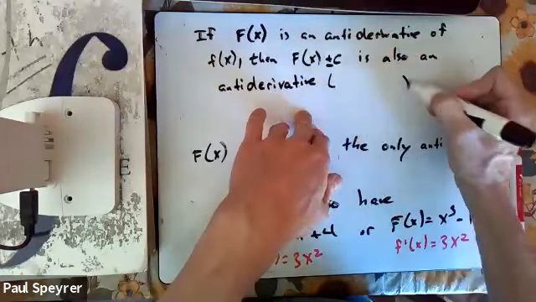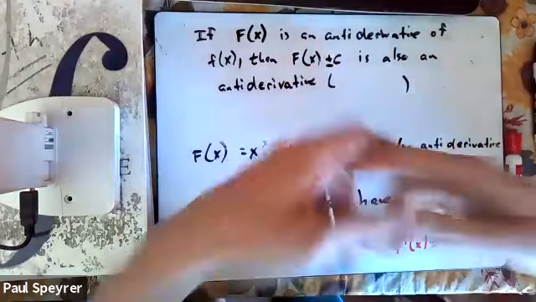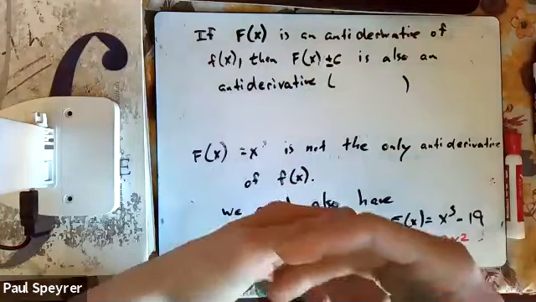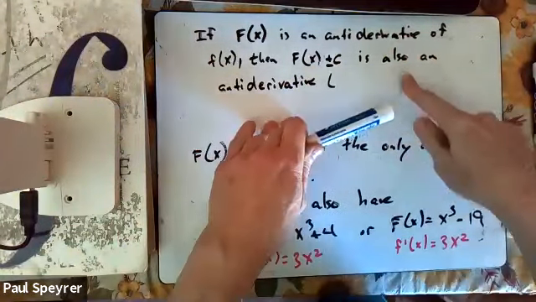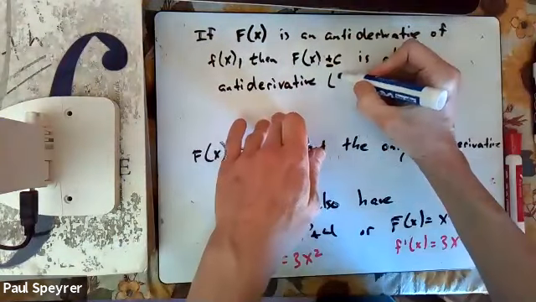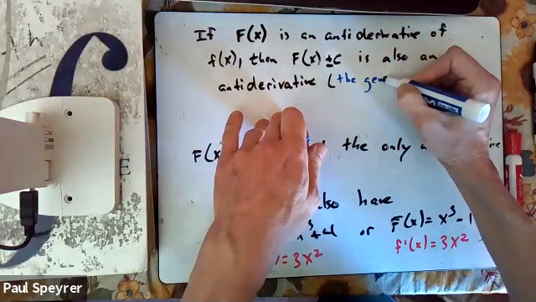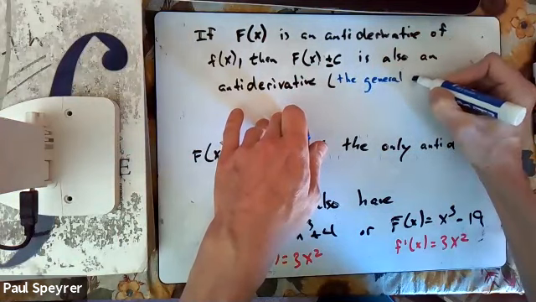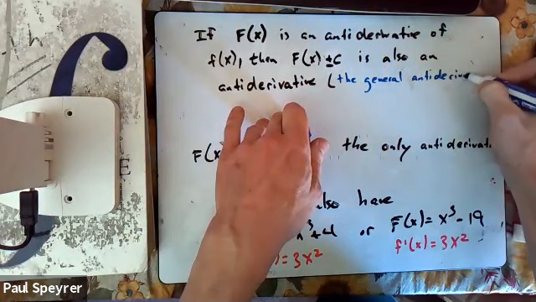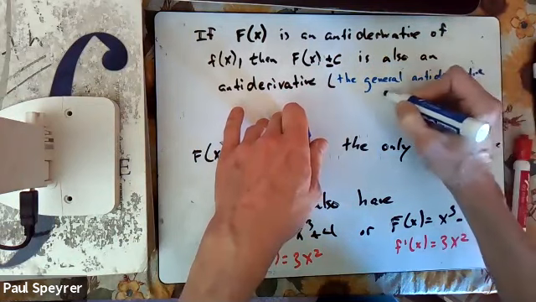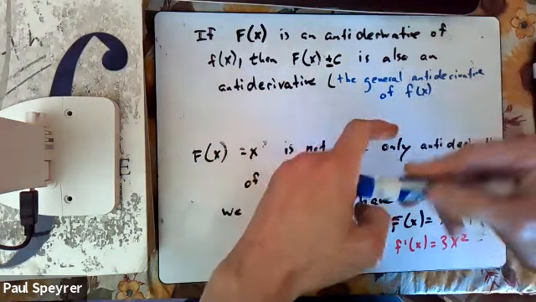And sometimes when you see this F of x plus or minus c, like on WebAssign, they'll phrase it a little differently. They will sometimes call it a general, or the general antiderivative of f of x.